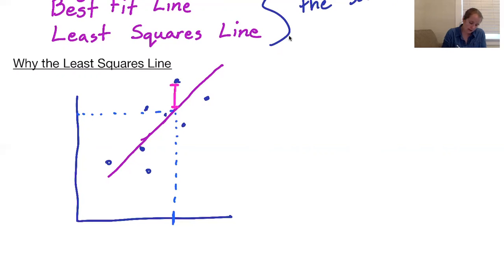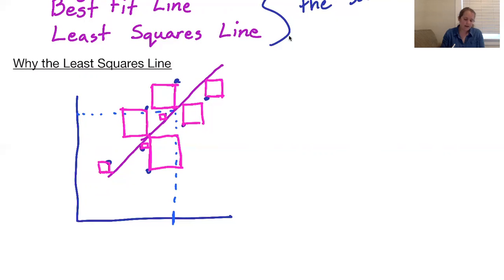The least squares line, the idea is we take each of those errors and make a square. And then add up all of those areas.